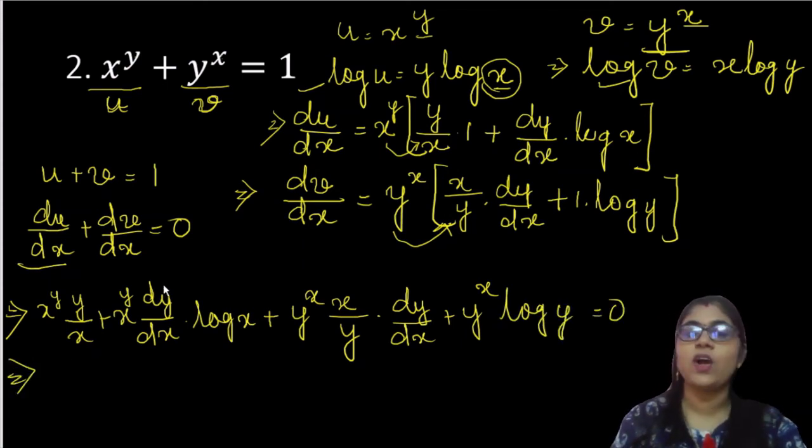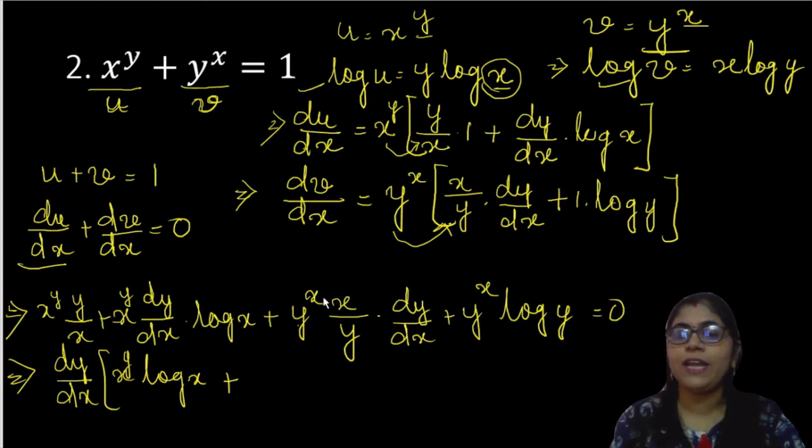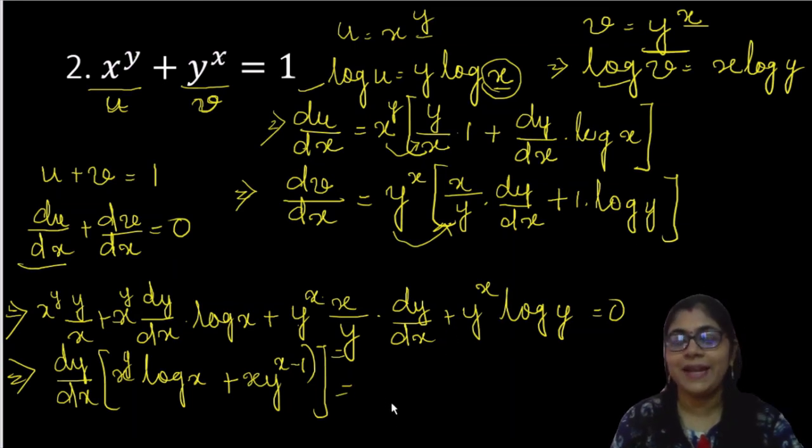So now we'll take all dy by dx terms on one side. So dy by dx into x to the power y log x and plus here y to the power x, and y is in the denominator, so we can write y to the power x minus 1. So x into y to the power x minus 1 equals to, we'll take the other things to the right hand side. So what we'll get?